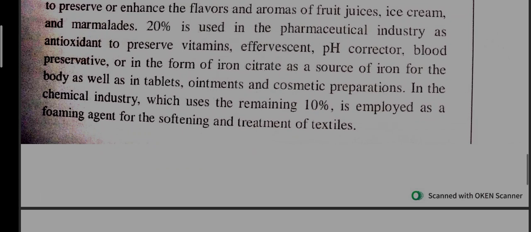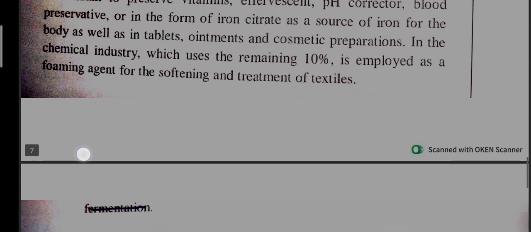The chemical industry, which uses the remaining 10%, employs it as a foaming agent for the softening and treatment of textiles.